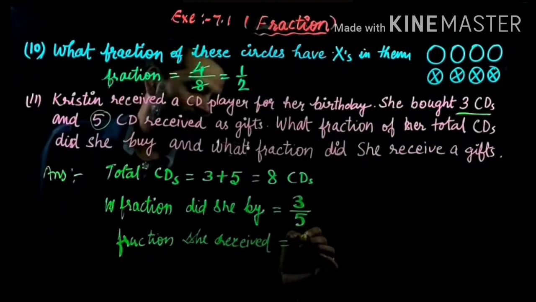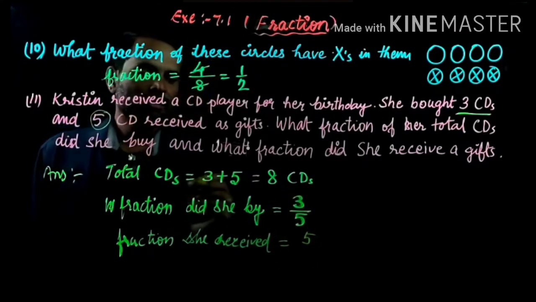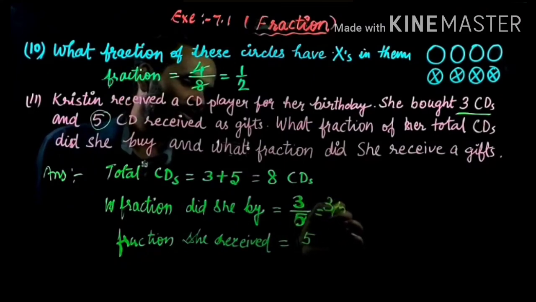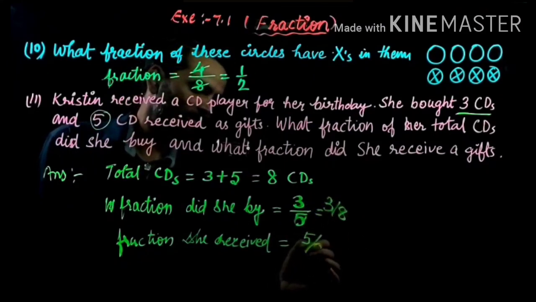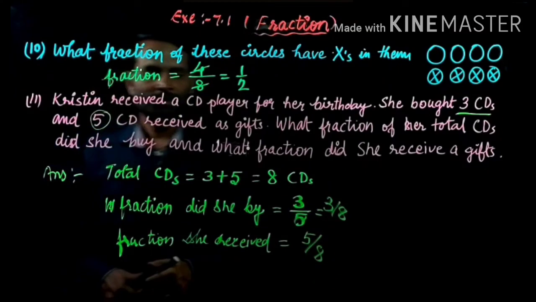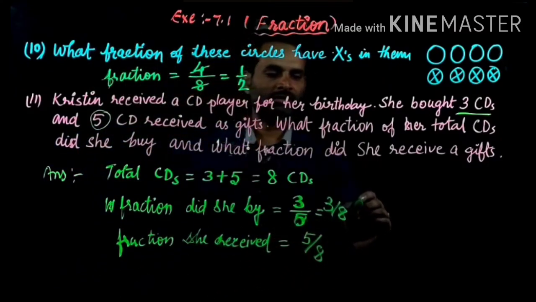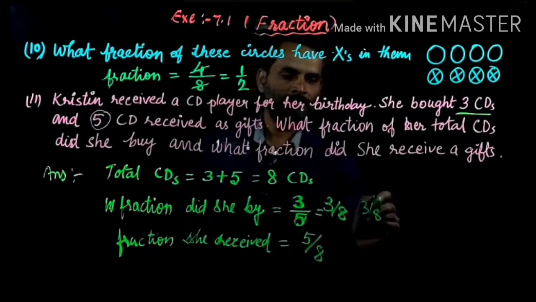Sorry, the total CDs is 8, so the fraction bought is 3 upon 8 and the fraction received is 5 upon 8. So the fraction of bought CDs is 3 upon 8, and the second is 5 upon 8. Okay.